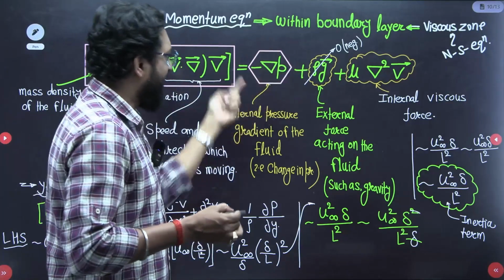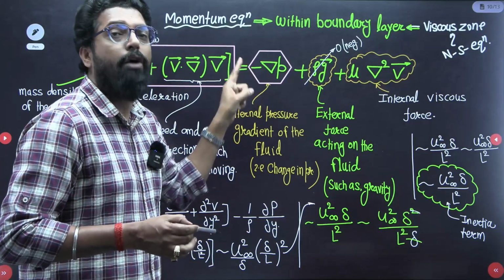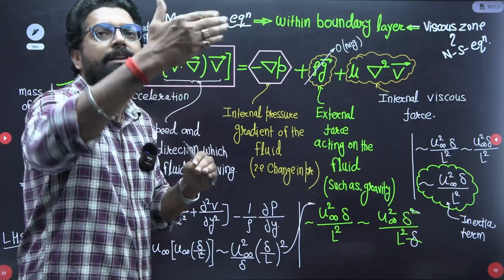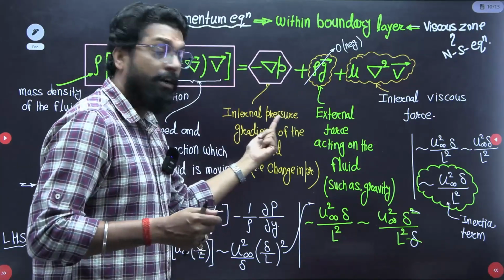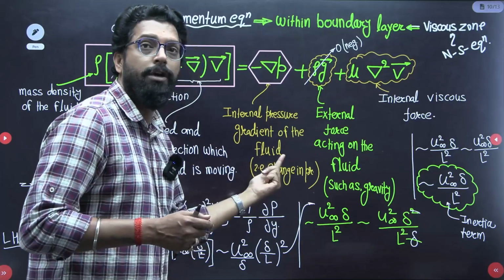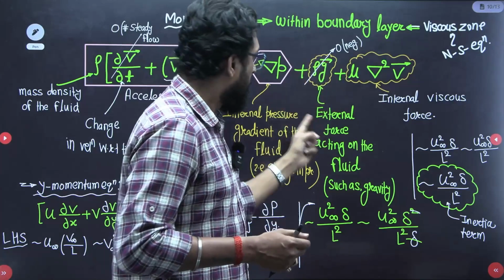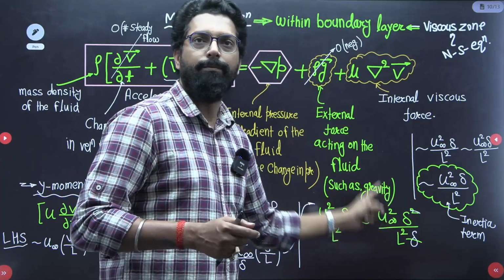This is your pressure gradient. Why is the pressure gradient negative? Because fluid will always flow from high pressure to low pressure, so the gradient is negative. This is the internal pressure gradient of the fluid, the change in pressure. This is your body force, which is external, such as gravity.